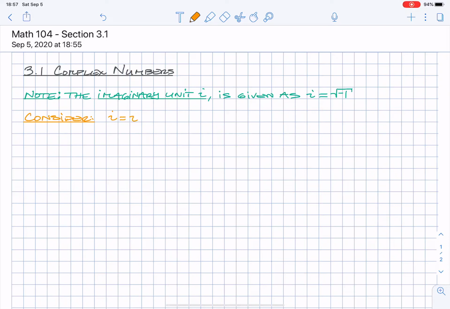i is just i. However, i squared, which is i times i, is going to be root -1 times root -1, so it's just -1. i cubed is i times i squared, so that's just -1 times i.